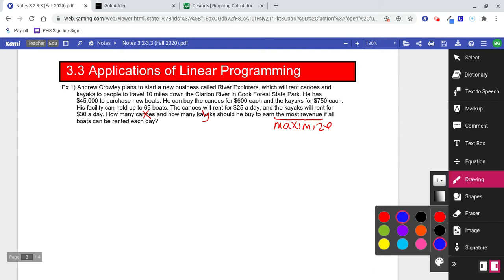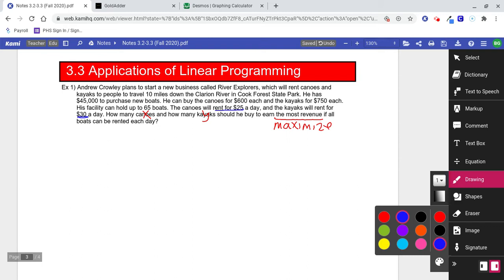Well, purchasing a boat, that's not revenue. He can buy the canoes for $600. Well, if he's buying something, that's not revenue. But when it talks about he will rent them for $25 a day and $30 a day, that's the money that he's making. That's what revenue is, okay? So we're trying to maximize revenue.